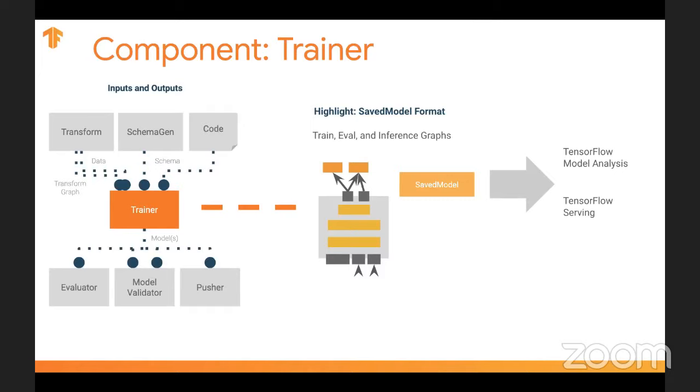And then that's going to be used both for evaluating the performance of your model and for serving it in any of those deployment targets that we looked at before. So a serving cluster or a mobile application or JavaScript application. So that saved model is a nice standardized form of your training.